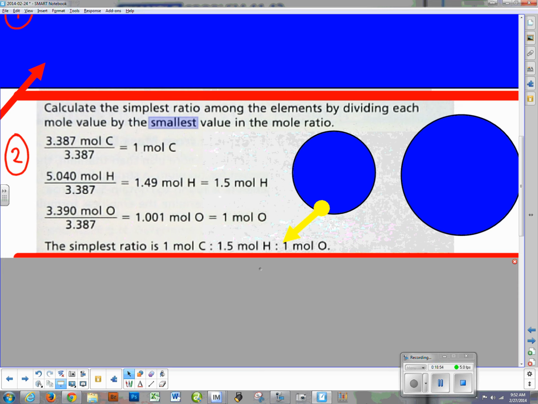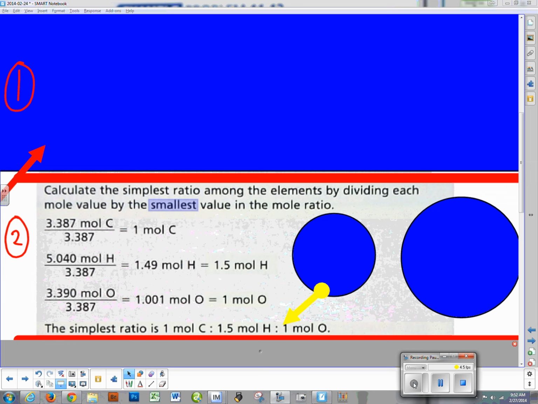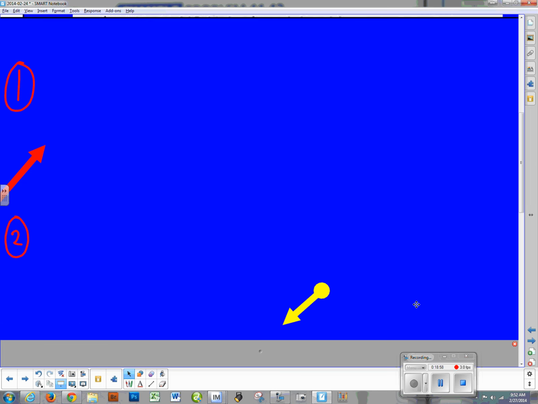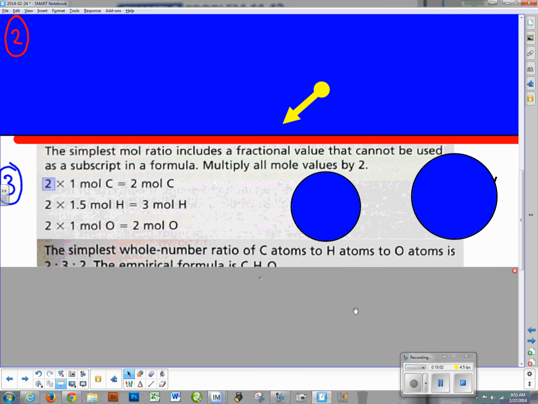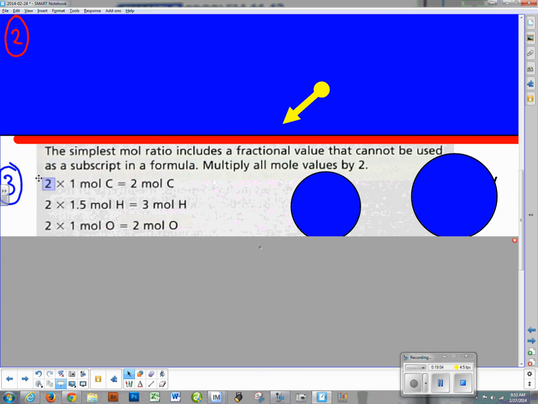Has everybody got this down? Okay, this was number 2. We're going to go on down to our third section here. And in that third section, oh, look, there's the 2 that Cindy came up with. Okay, you see it? Right there. And we're going to multiply this guy by 2 and multiply this guy by 2.